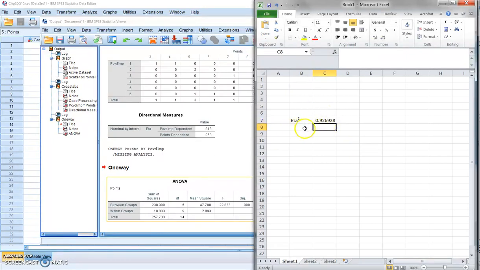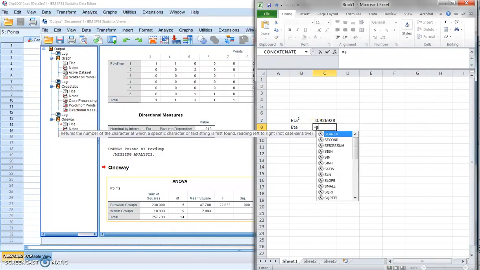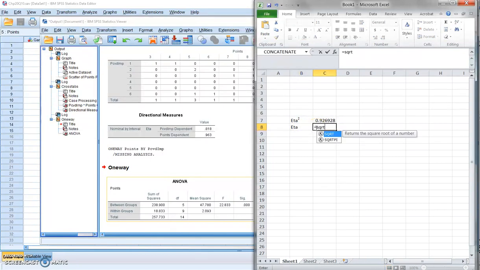Now, eta is the square root of eta squared. So the eta coefficient is the value we find by taking the square root, and we have 0.963. That's what we get here as the measure of nonlinear relationship.